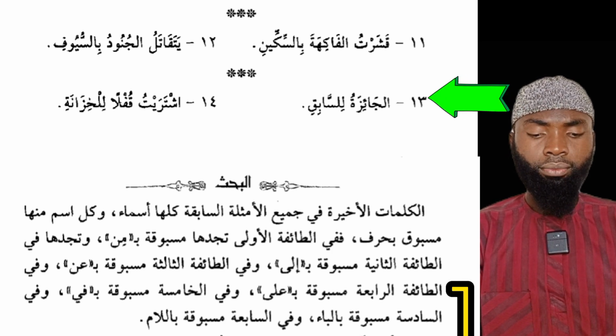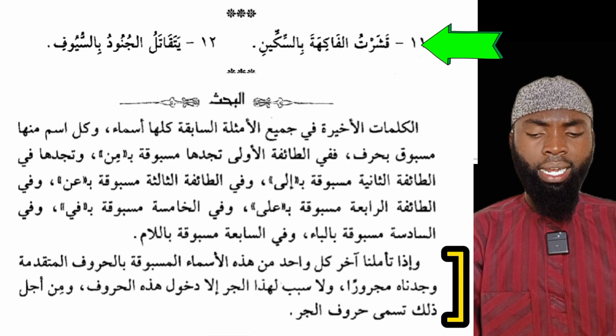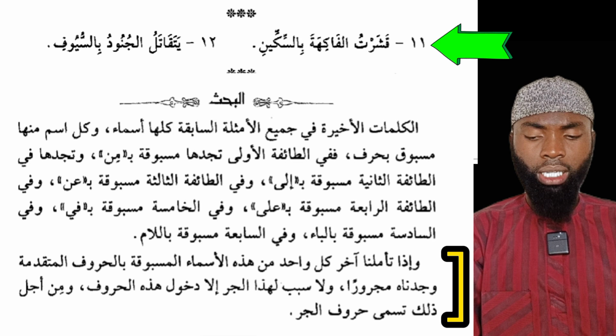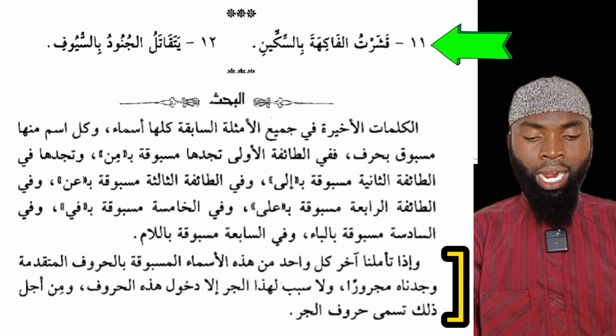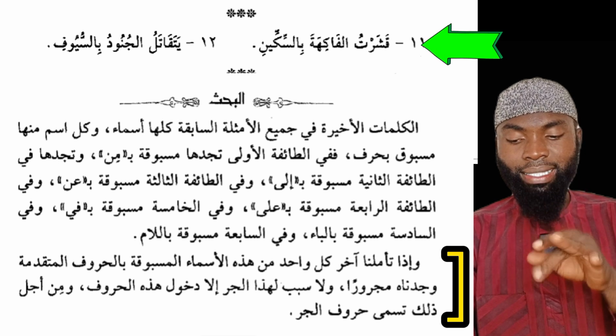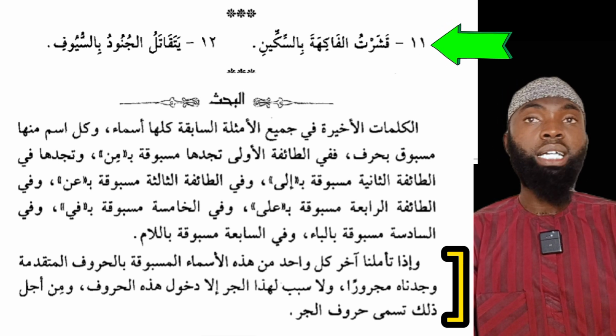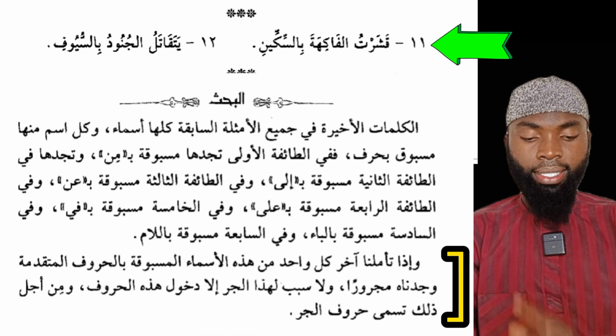And if you ponder over the ending, if you look at the last letter of each of these last nouns, you find out that the last letters are carrying kisra.